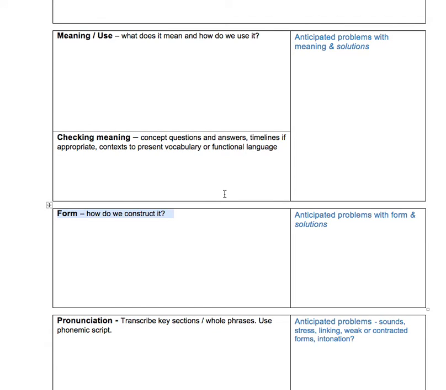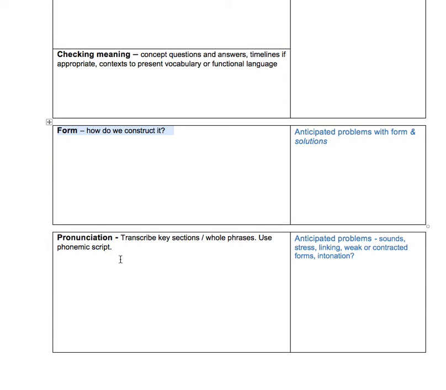If it were vocabulary that had certain features, you may transcribe some of those, the more difficult words. If it was verb phrases or collocations in vocabulary, you might transcribe a few of those, showing how the words connect, if there's a linkage or things like that, or which word is more stressed. So expect to have 2 or 3 lines here, maybe 2 or 3 words, 2 or 3 phrases, or 2 or 3 sentences.